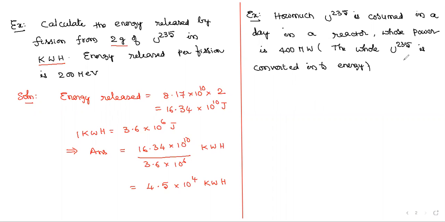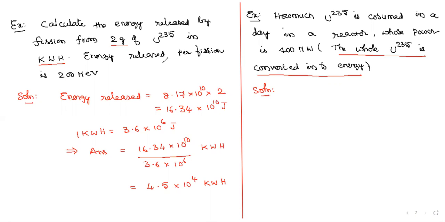So here he is asking differently. Here he said, consider the whole mass is converted into energy. That's why if you see this question, without understanding the point he said in the bracket, usually the student tries to solve it like, how much energy, how much mass?